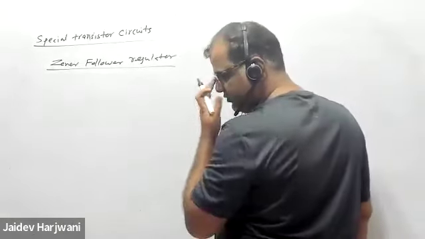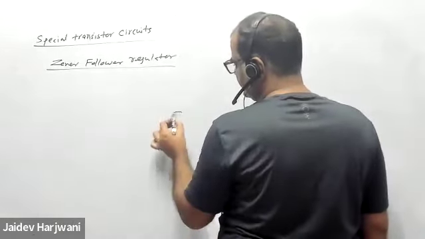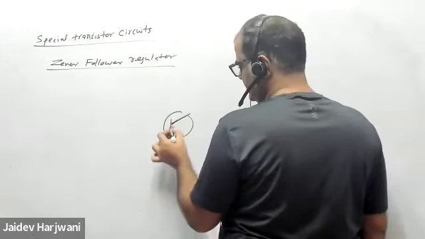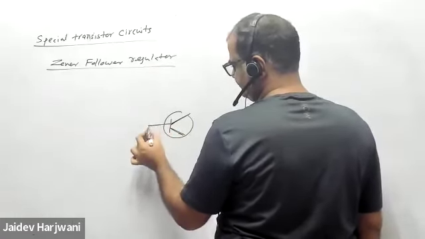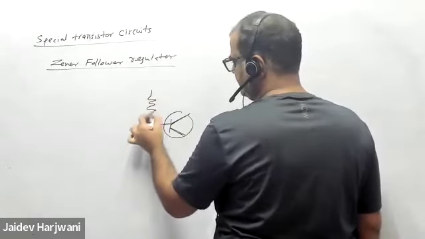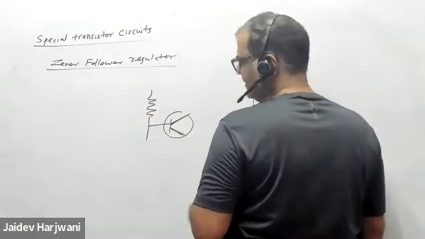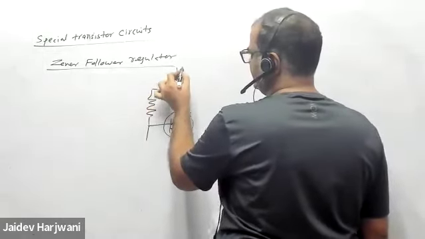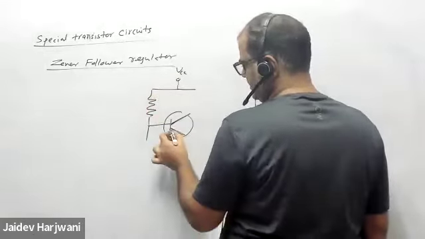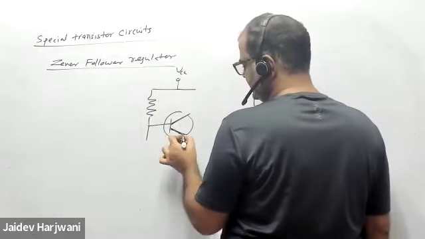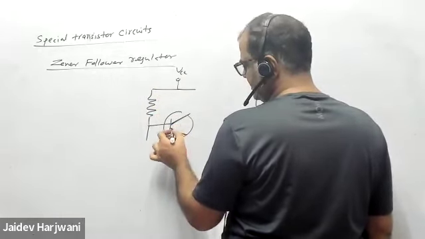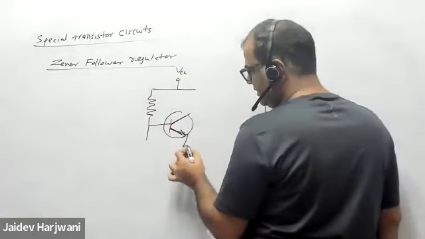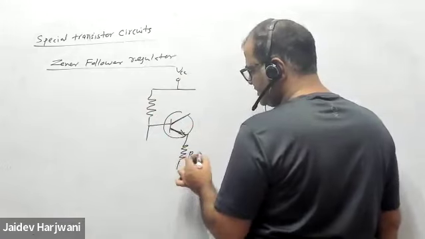So how can we use the transistor in the regulator circuit? Here we have a resistance, and then we have a power supply, say VCC. This is my base, this is my collector, and this is my emitter. So this is NPN. Here at the emitter, we have a load resistance RL.